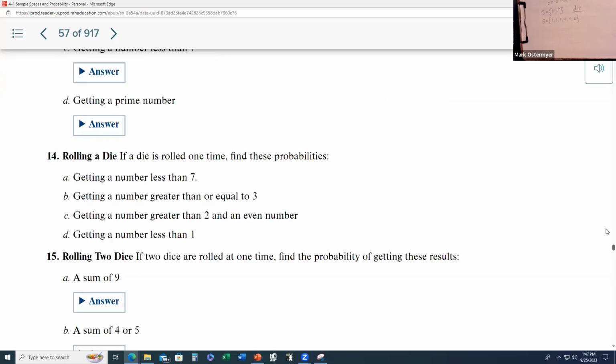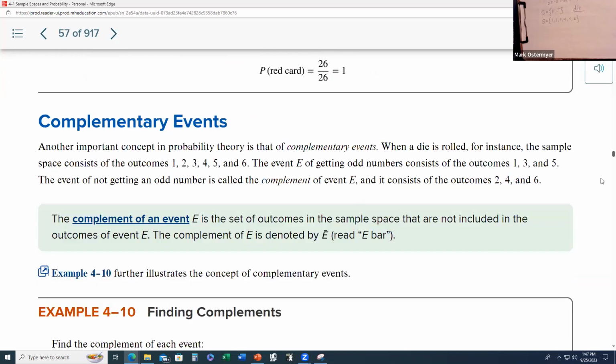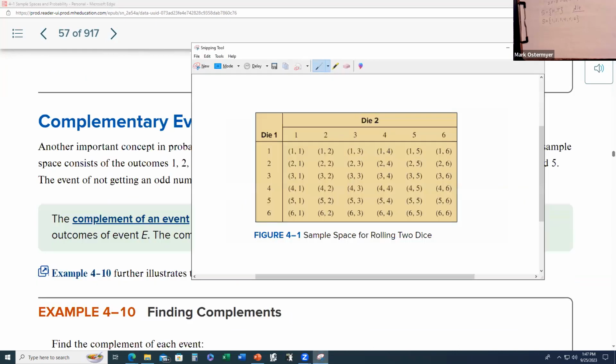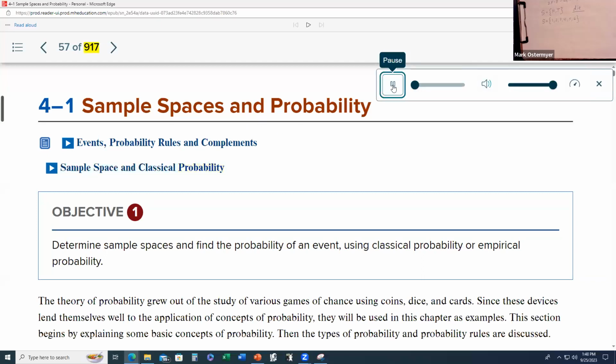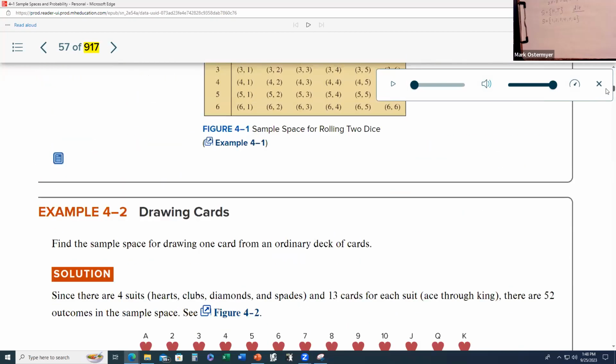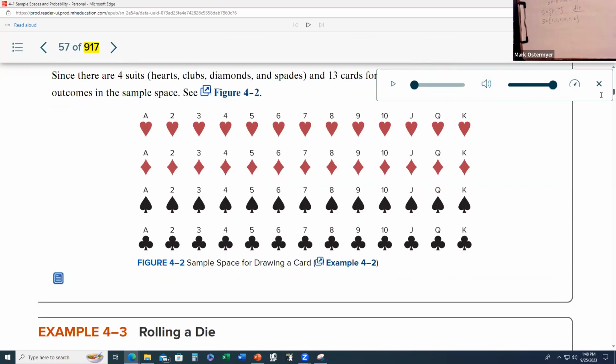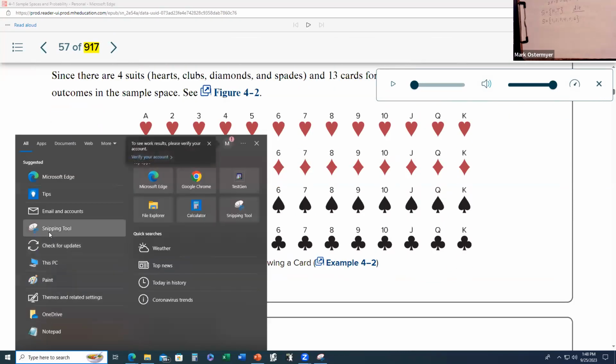Well, hold on. I've got to go up here and snip this. What did I just do? What just happened there? I don't even know what I clicked. Okay, whatever. That's a learning curve for me. Now, let me snip this and bring it to our problem so we've got something to look at.